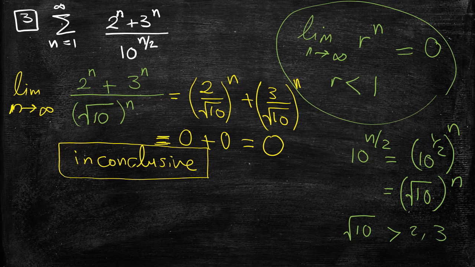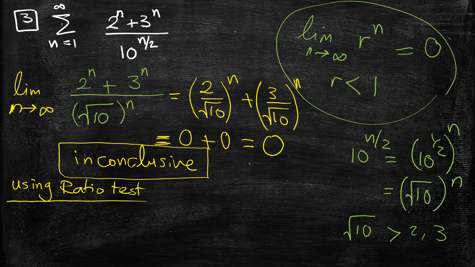Okay, what will happen if this one won't help us in this case? If this is not helpful, there is something else. If we encounter terms that include a number to the power n, we use the ratio test. So I will use the ratio test.